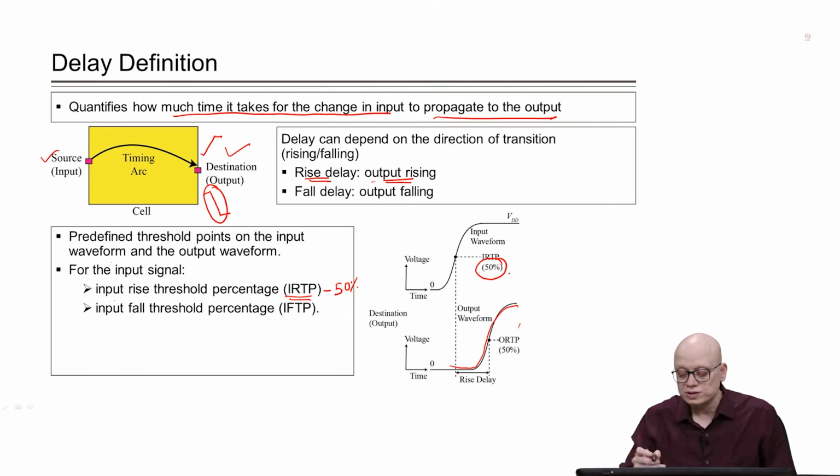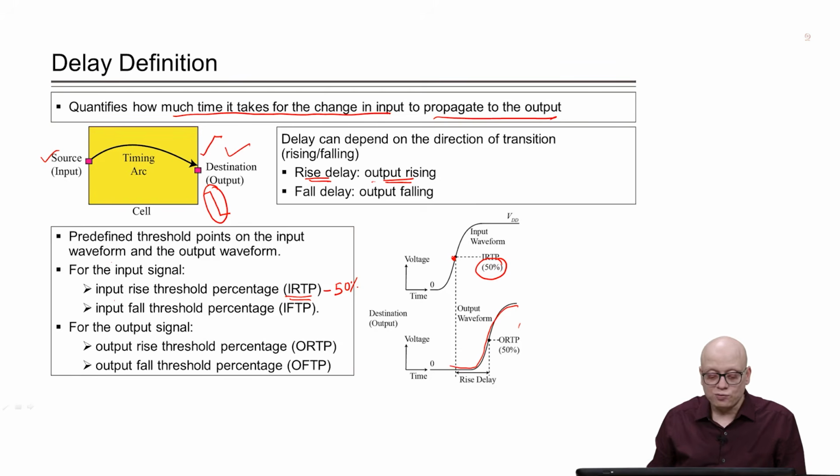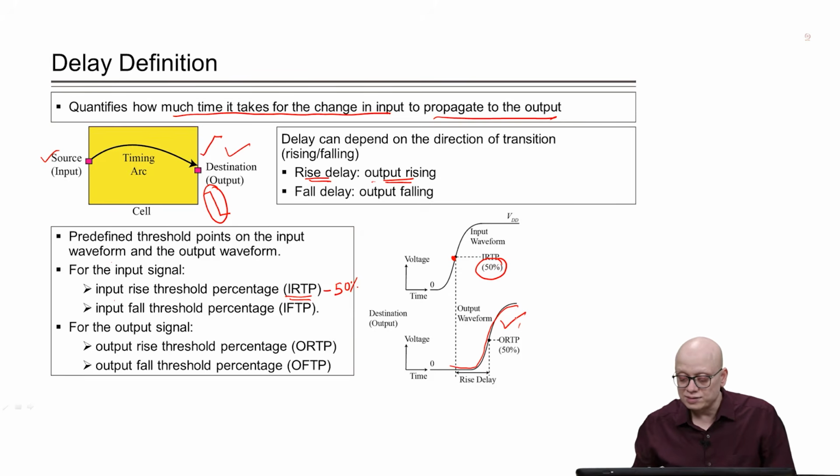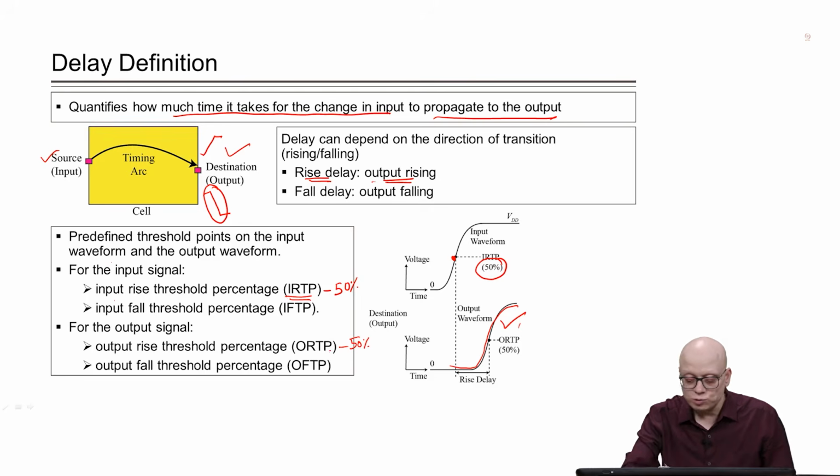So, this point refers to the IRTP point. Similarly, for the output signal we define output rise threshold percentage and output fall threshold percentage. Suppose we have defined the output rise threshold percentage as 50%. Since this signal is rising, we have to use this threshold.